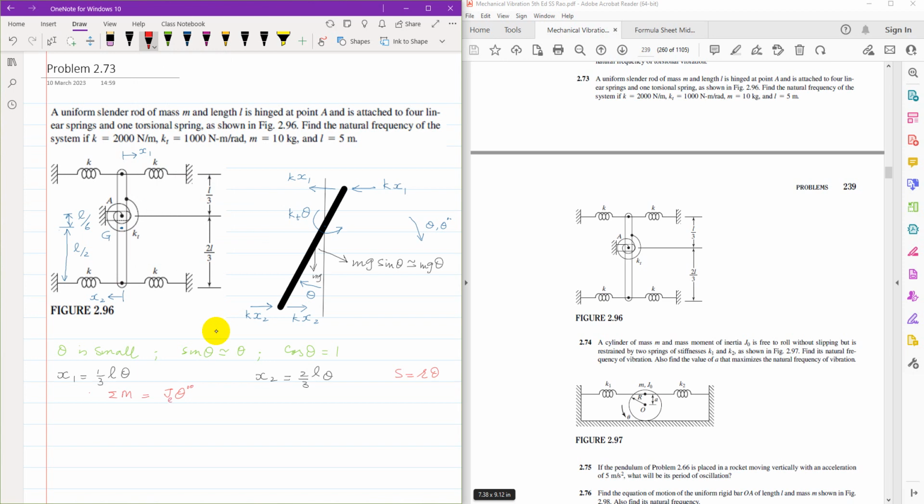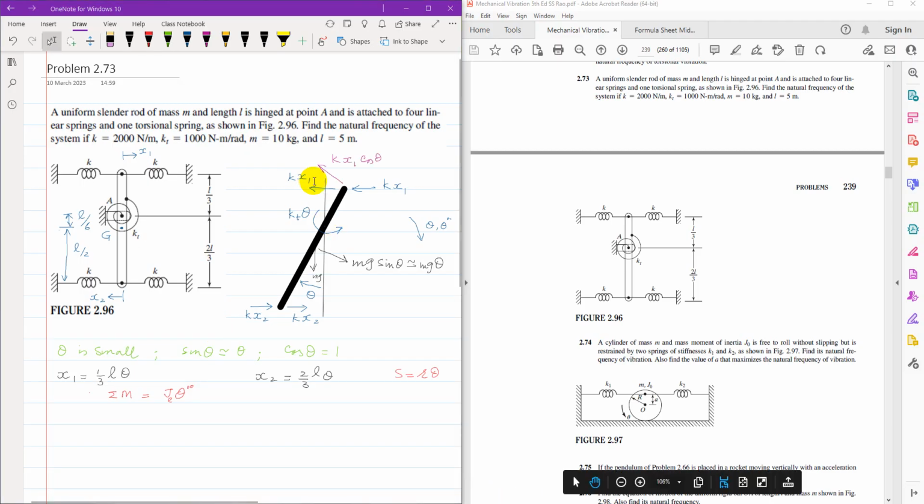So for the sum of all moments, these forces can be combined: kx1 and kx1, and similarly kx2 and kx2 can be combined, but they are in the horizontal direction, and their components perpendicular to the rod are required. The component perpendicular to the rod is kx1 cos theta.